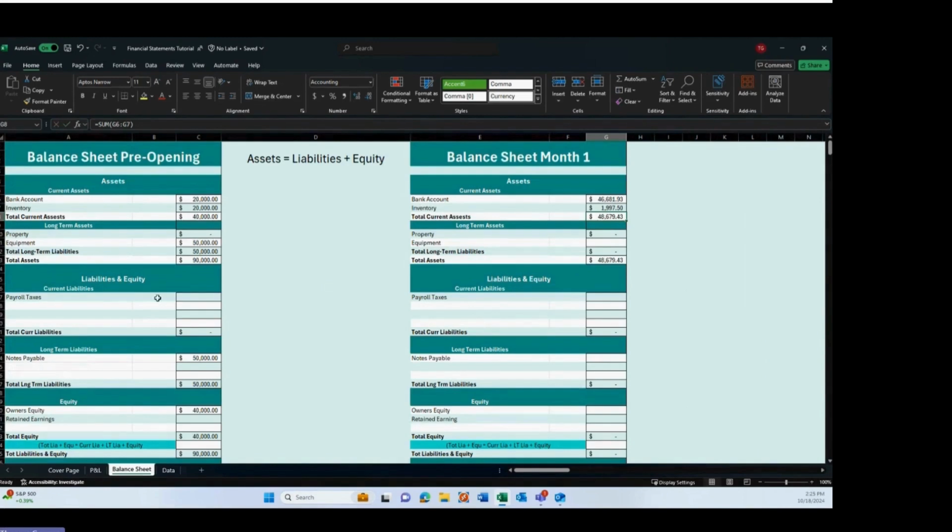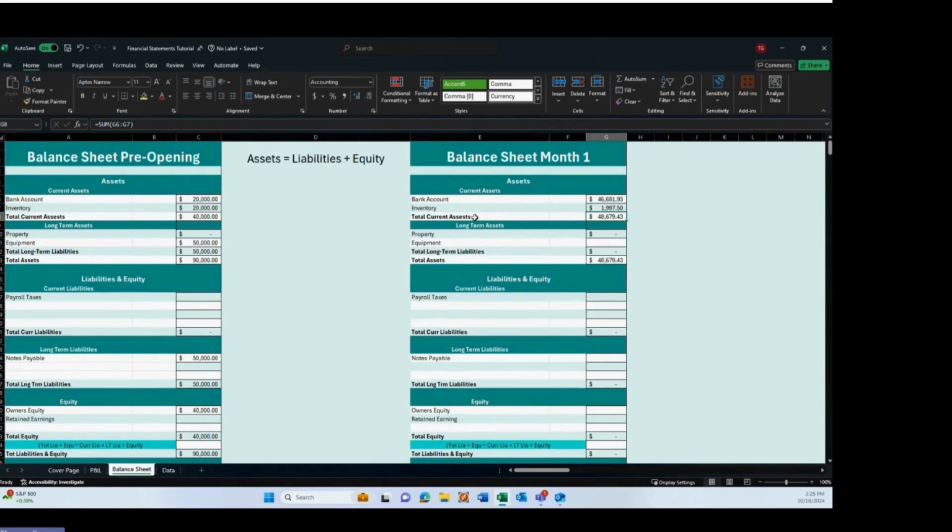And there we go. So we can see, we started with $20,000 in cash, $20,000 in inventory. Cash went up, inventory went down, and our total current assets went up on account of the profit that we made in the month of January.